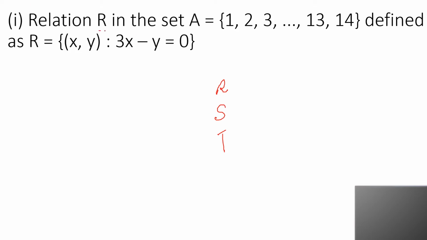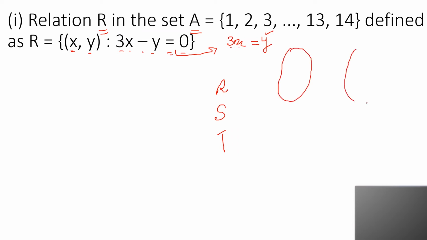Very first, relation R on set A, the numbers 1 to 14, defined by x and y are related such that 3x minus y is equal to 0. We can rewrite this relation as 3x is equal to y, meaning the second element is 3 times the first element. Then these are related to each other.